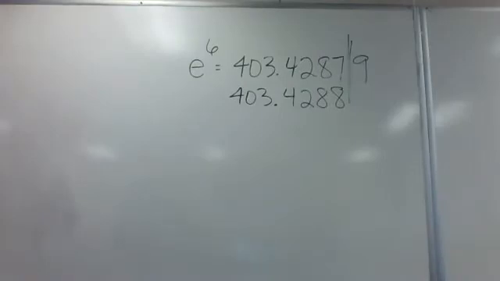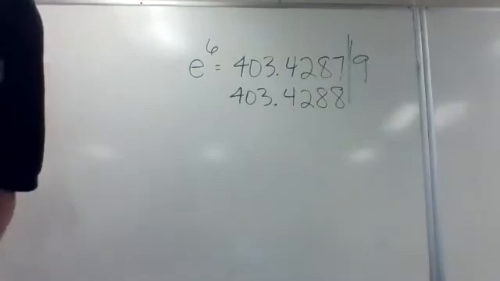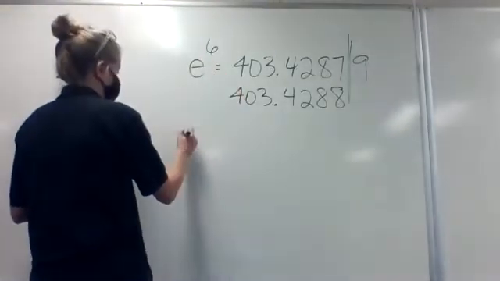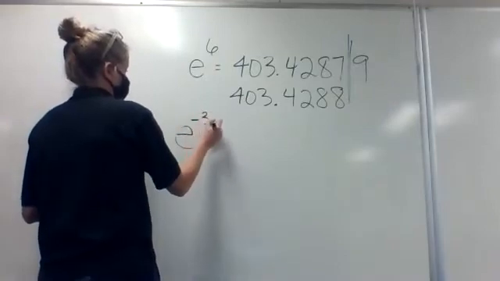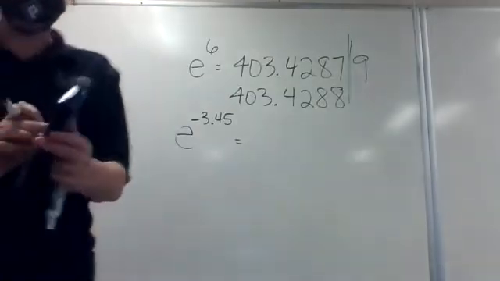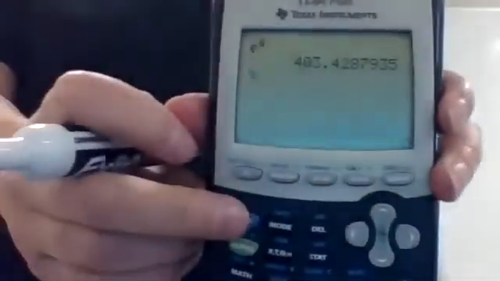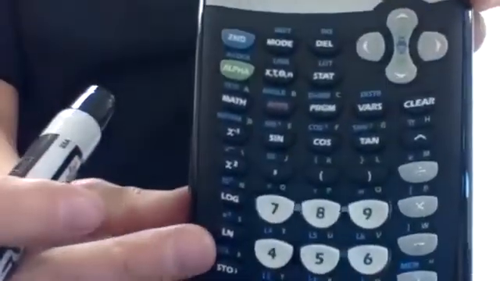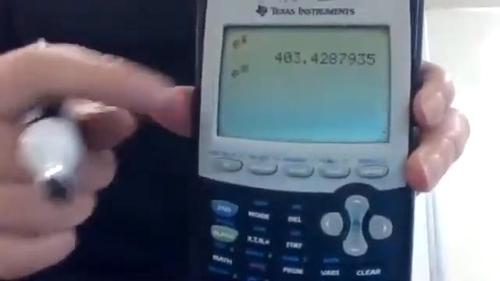All right, number 2 is the same exact kind of problem. So it's E to the negative 3.45. So again, you'll just hit the second button, then hit the LN button for the E, and then type in the number into the exponent.